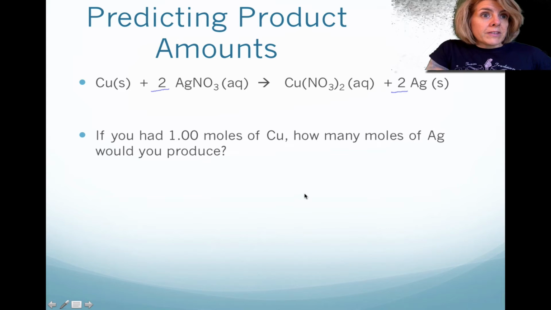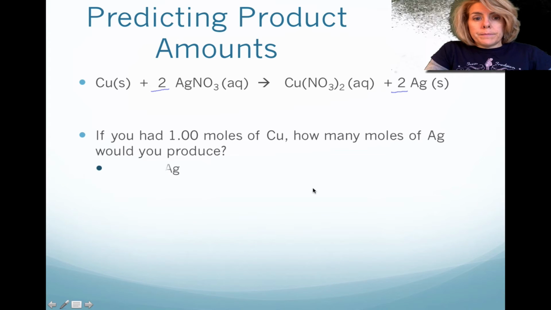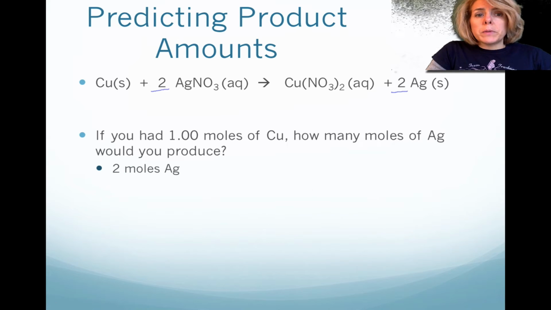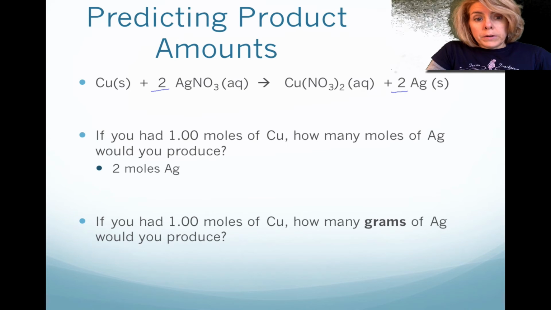Now, they throw in this caveat here. If you had 1 mole of copper, how many moles of silver would you produce? So now we're bringing in the mole. So we're going to assume because there's a 2 in front of silver, we're looking at 2 moles of silver. I'm sorry, I said silver nitrate, didn't I?